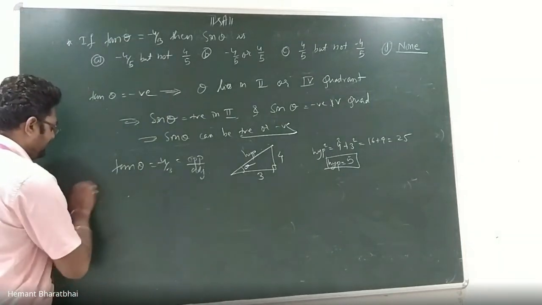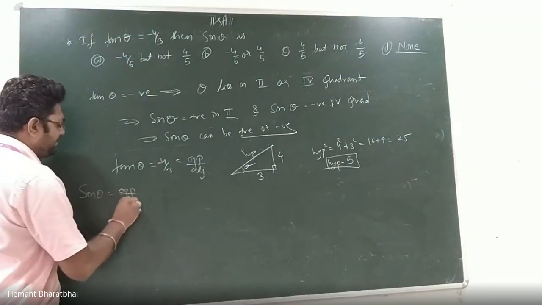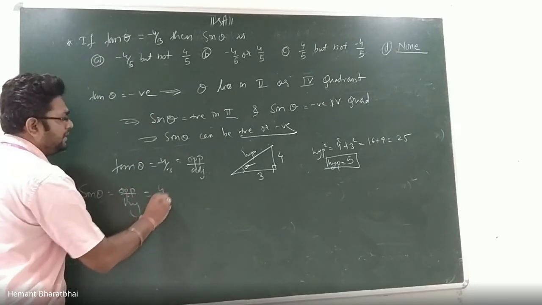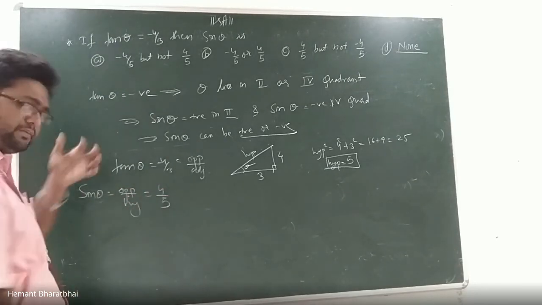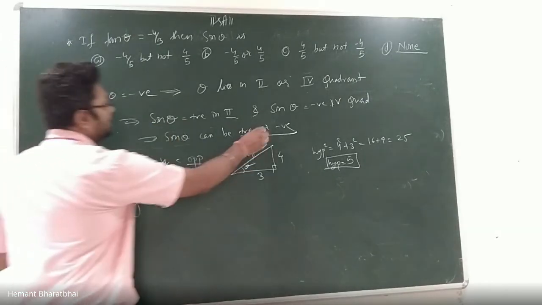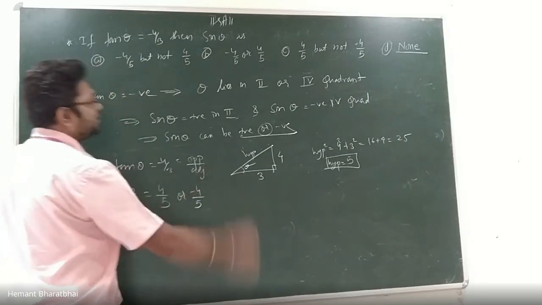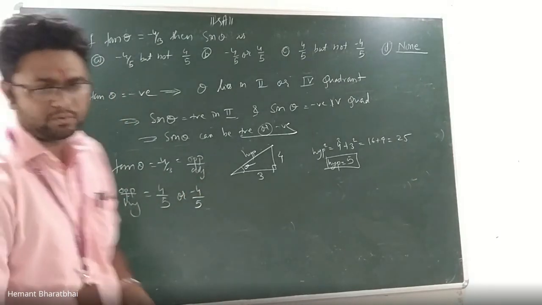So my sine of theta is opposite upon hypotenuse, so it can be 4 upon 5 when it is positive. At the same time, it can also be minus 4 by 5 if theta is in the fourth quadrant.